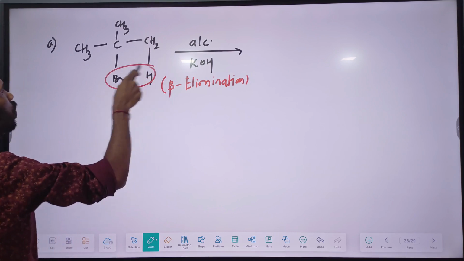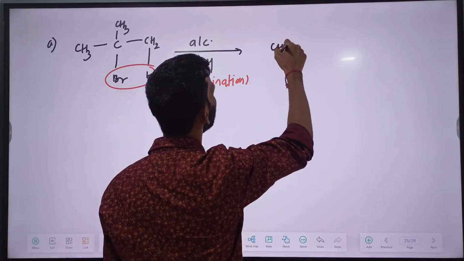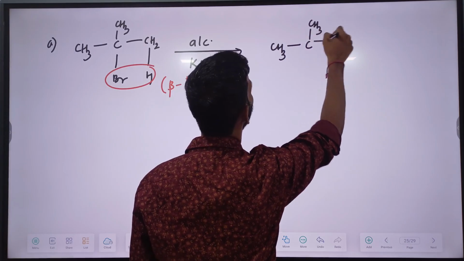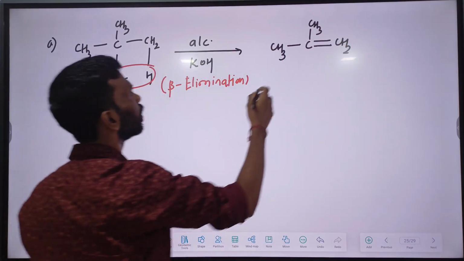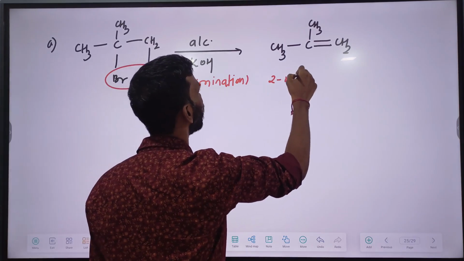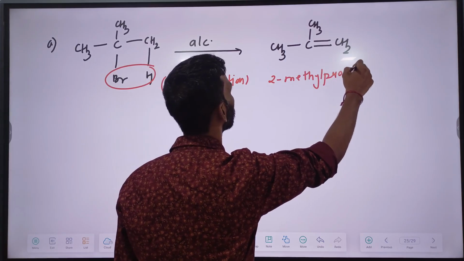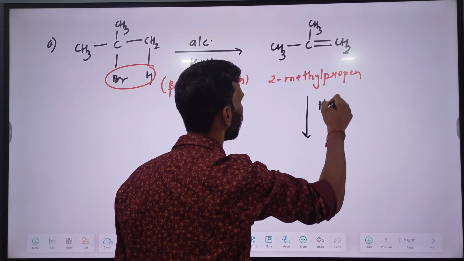You remove this hydrogen. Only one possibility is there. Everything is symmetric. So what you get is CH3, CH3, double bond CH2. Means you get this alkene over here, that is 2-methylpropene.